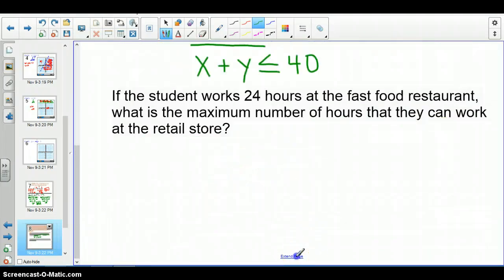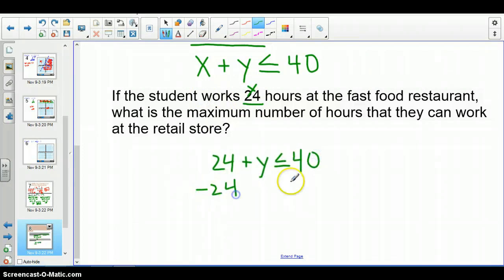Now the next part of this says if a student works 24 hours at a fast food restaurant, what is the maximum number of hours they can work at the retail store? If you don't know how to solve this using your mental math, then plug these numbers in. 24 is X. So 24 plus Y less than or equal to 40.